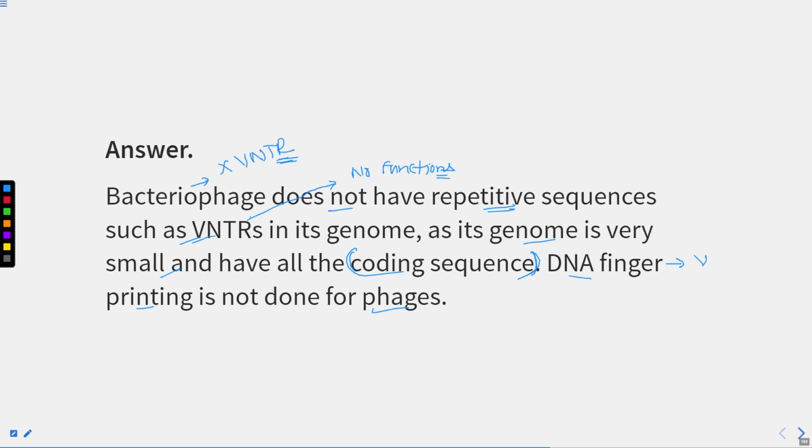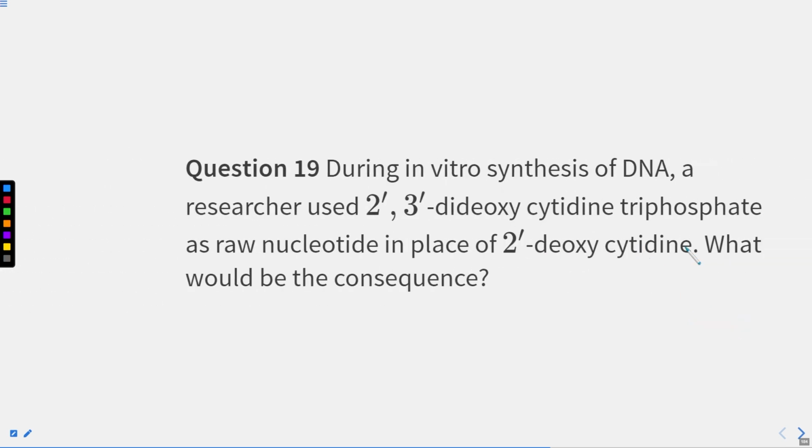It is based on VNTR, because it forms the unique pattern of any individual. Every individual has a different copy number of VNTR, and these VNTRs usually don't have any function. They are present in non-coding regions such as introns. In bacteriophage, they have only coding sequences.